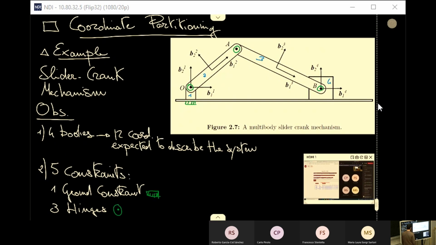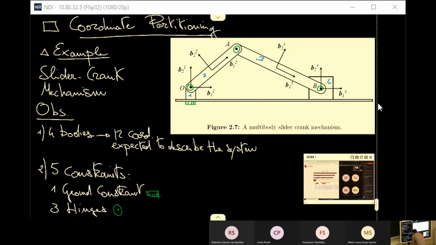And then we have one additional constraint, which is here. The fourth body has to slide over the ground. So this is a constraint too. This fourth body cannot rotate as it wants. It can only go from left to right and vice versa.